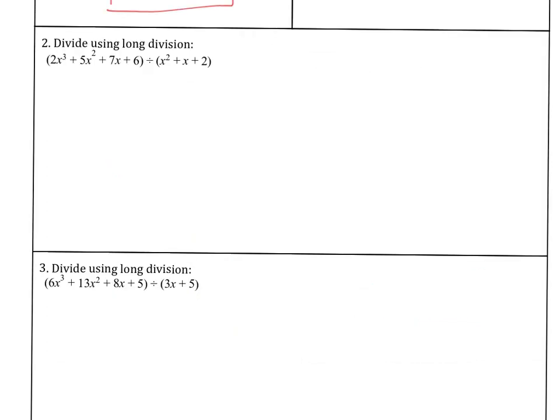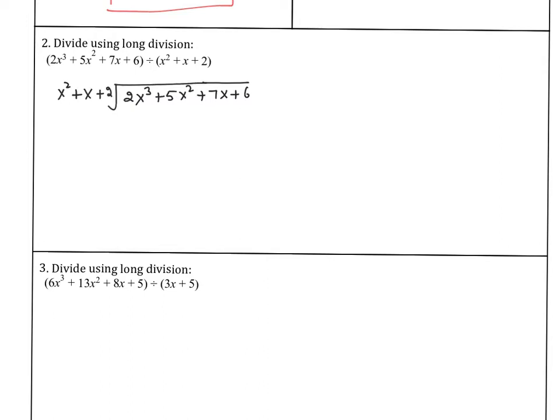Question number 2, dividing using long division. First of all, we are going to write that into a division format. So we write 2x cubed plus 5x squared plus 7x plus 6, and we're going to divide it by x squared plus x plus 2.